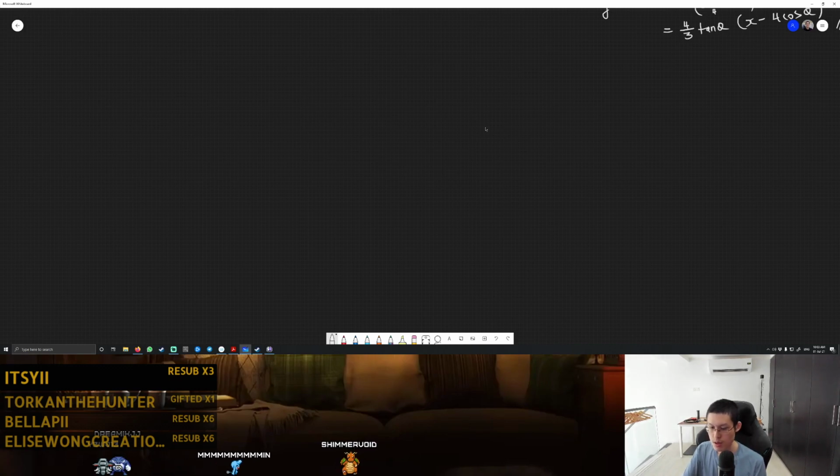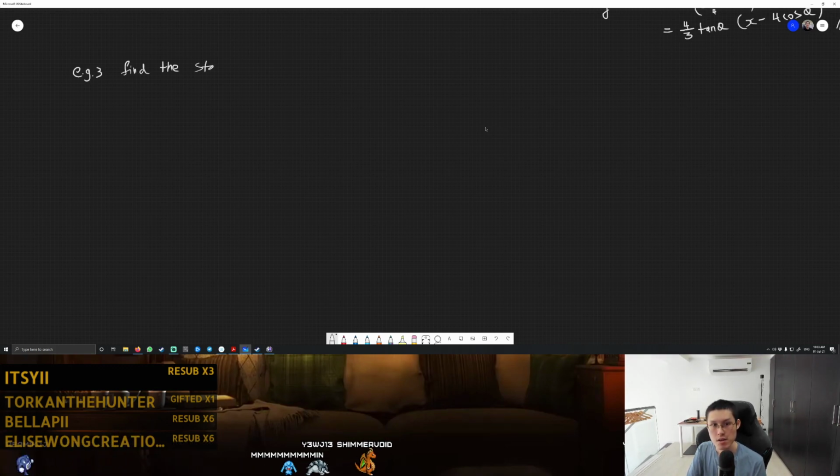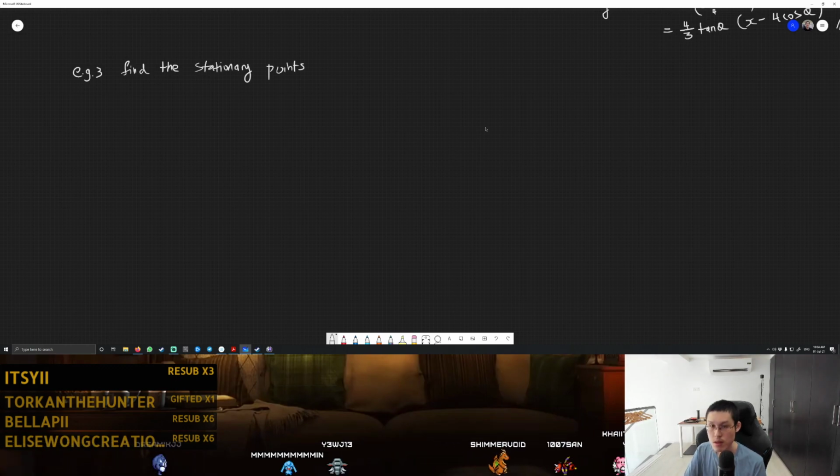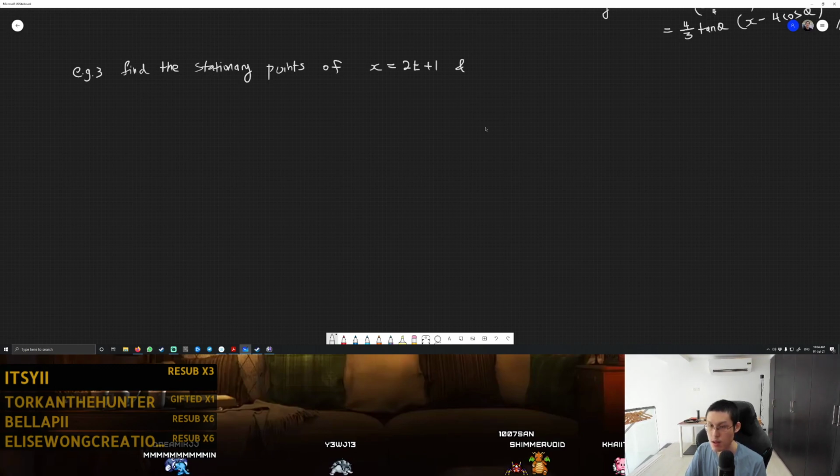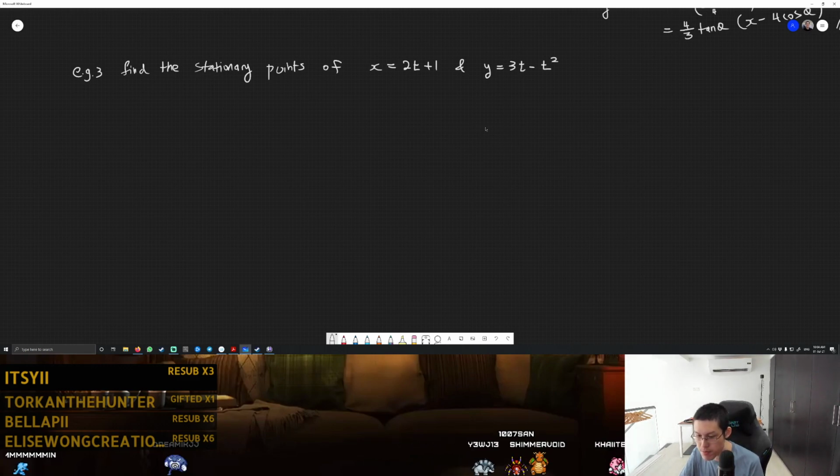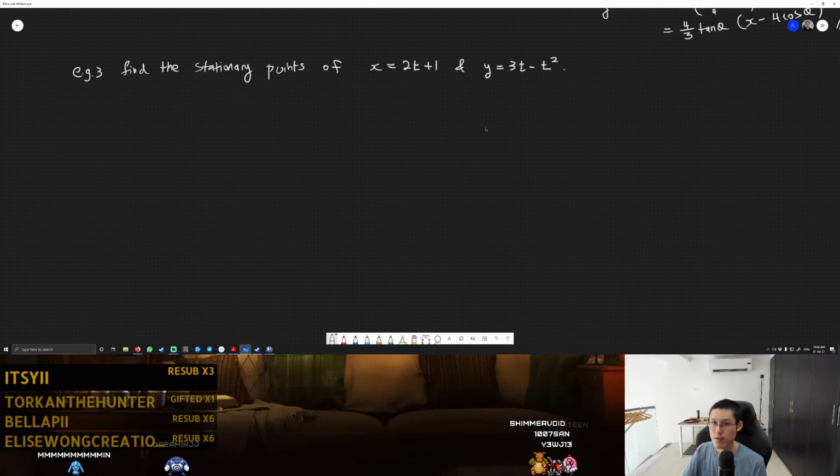Okay, so for this third example, find the stationary points of x equals 2t plus 1 and y equals 3t minus t squared. Find the stationary points and their nature, whether it's a maximum or a minimum point.